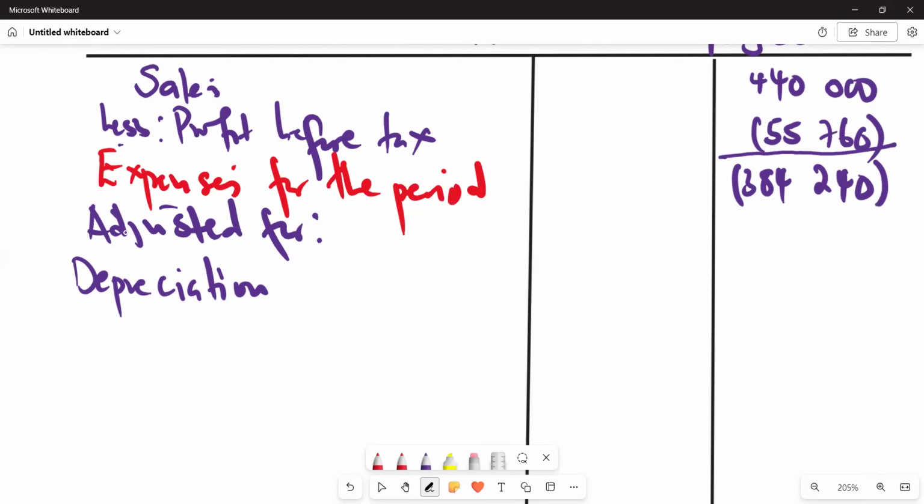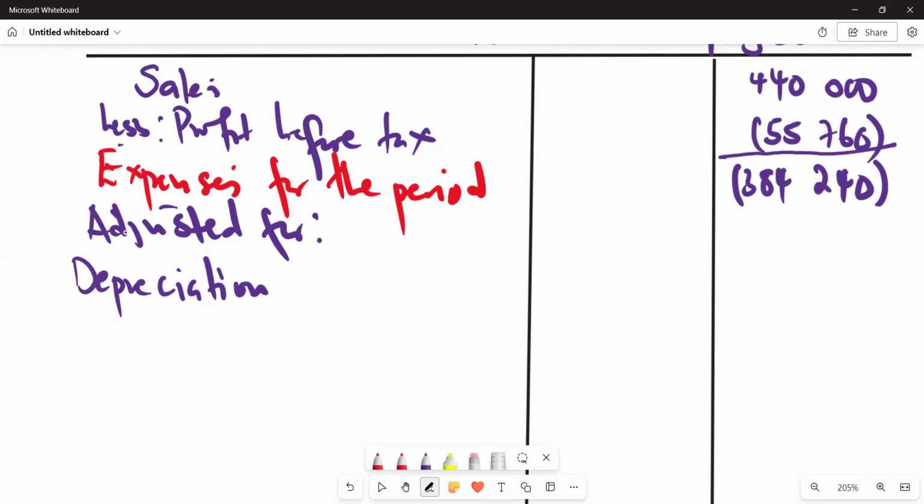When we calculated the profit before tax, we adjusted for non-cash items. So here we are reversing them. We are removing them because we want to be left with items that represent actual cash movement. On depreciation, there's no cash movement. It's a non-cash item. So that's why we adjust it, so that we remove it, and we are left with items in the comprehensive income that were cash items only.